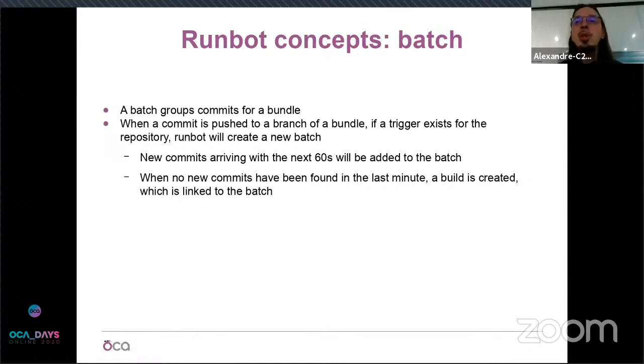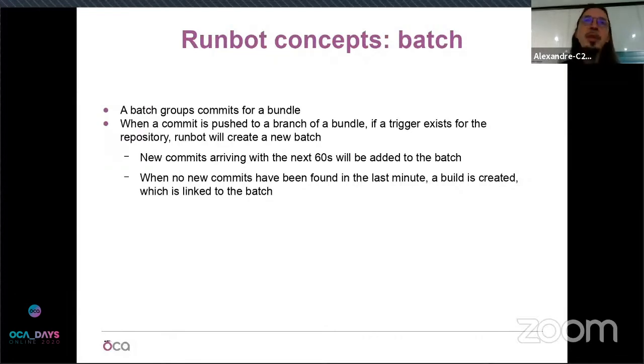This will not create a new bundle, but it will create a new batch linked to that bundle. So when Runbot discovers branches in your repositories, it creates a bundle. And when Runbot discovers new commits on a branch, it will find the bundle and create a new batch.